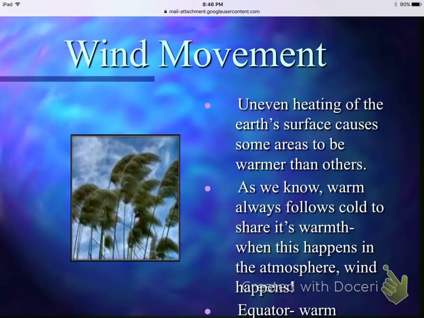So this uneven heating is causing some areas to be warmer and some areas to be cooler. So when this happens in our atmosphere, that's when wind happens. Whenever there's uneven heating, there's also issues with air pressure, so that's when our winds start moving. And something very important for you to remember is that the equator is going to be your warm areas and your poles are going to be the cool areas.